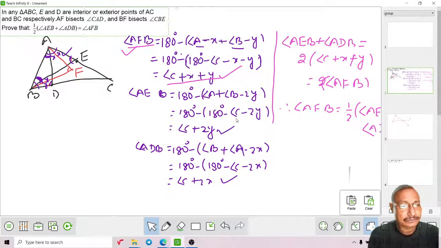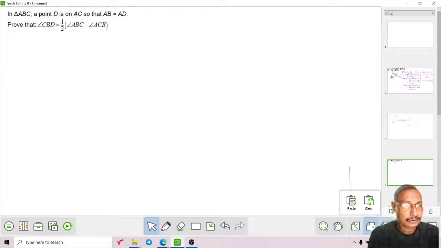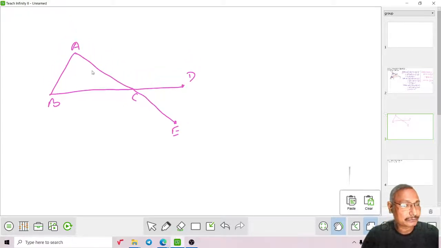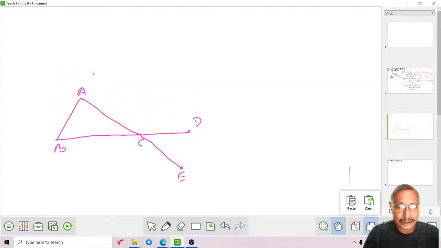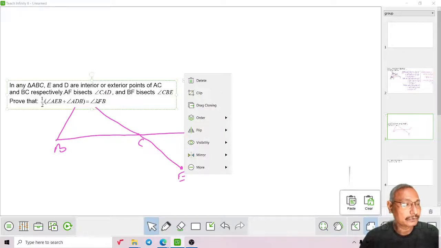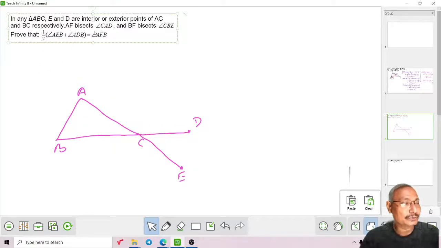After copying this one here, I'm putting the question. First of all, take the seat below and then paste this one. So this was the question.